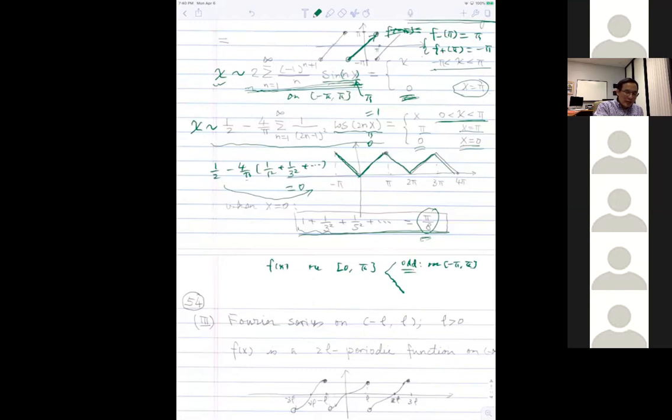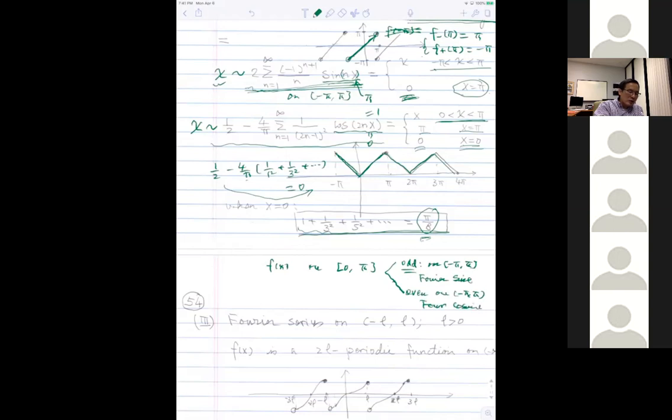So you will get a Fourier sine series. And if you extend it to an even function from negative pi to pi, then you get a Fourier cosine series.